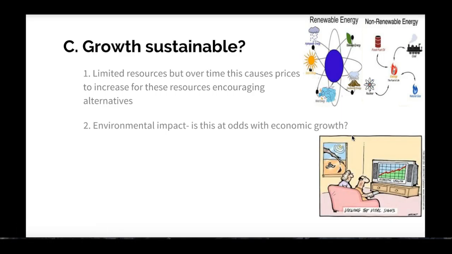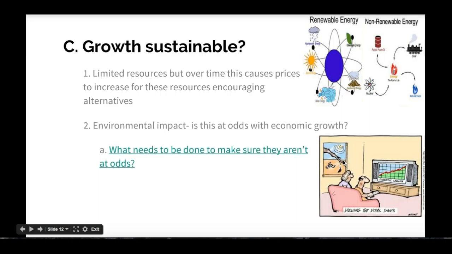This particular cartoon shows a couple watching television, and it shows economic growth going up, but outside you have global warming. What needs to be done to make sure that these two goals are not at odds? Lowering your environmental impact and your environmental footprint, as well as increasing economic growth.